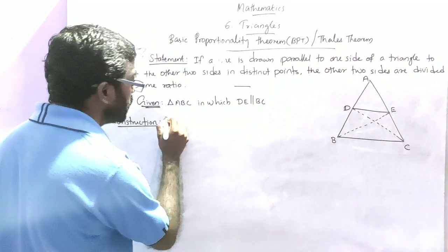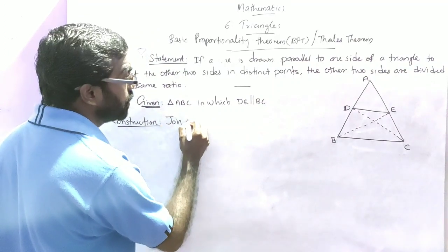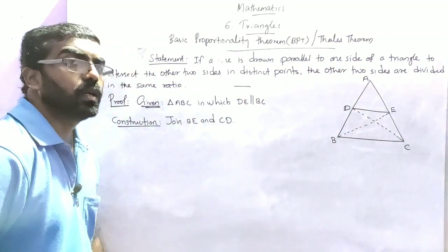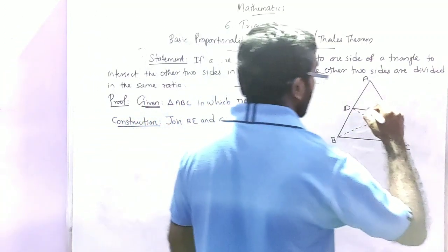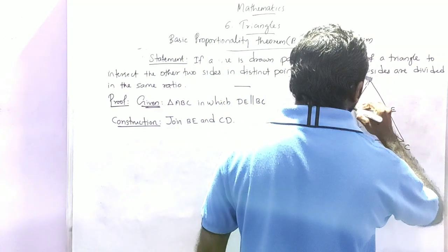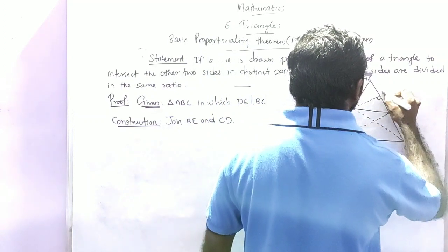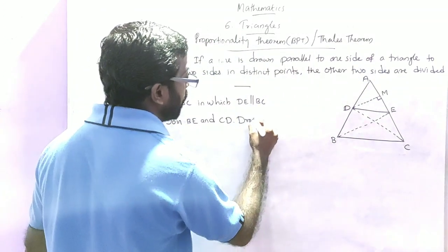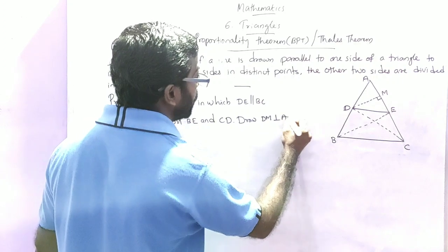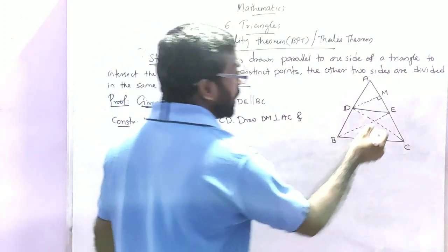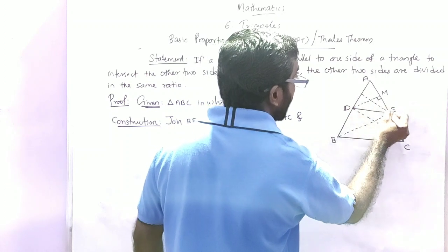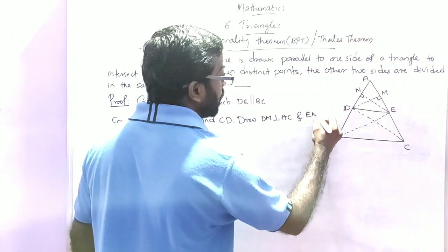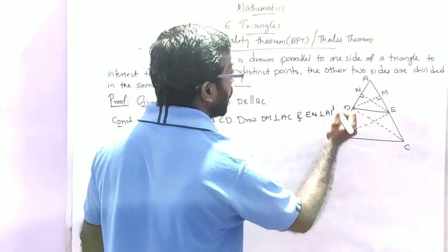And again we make one more construction: draw DM perpendicular to AC, and another one, EN perpendicular to AB.